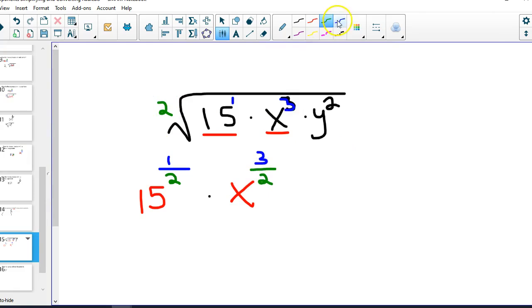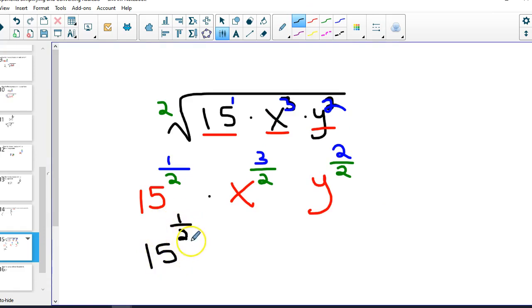And let's look at our y. We have squared on the top and our 2 on the bottom. If you notice, 2 divided by 2 is 1, so the square root of y squared is still just y. So I'll simplify this. We have 15 to the 1/2 times x to the 3/2. And then 2 divided by 2 is just 1, so we have y.